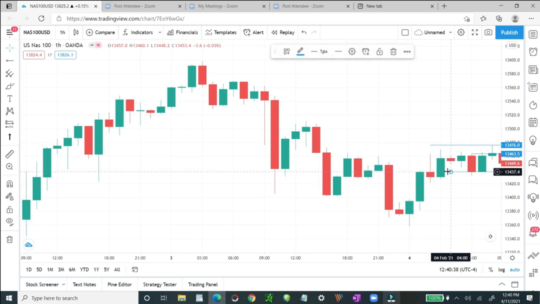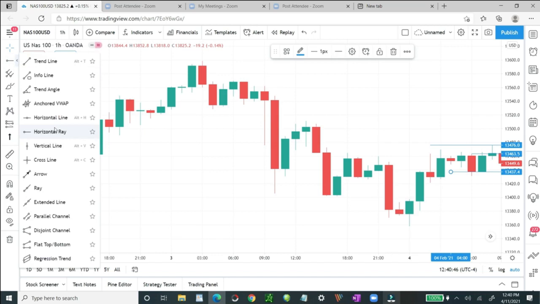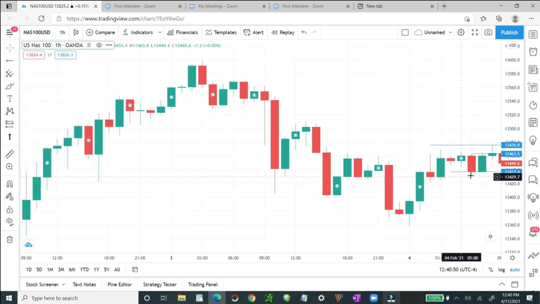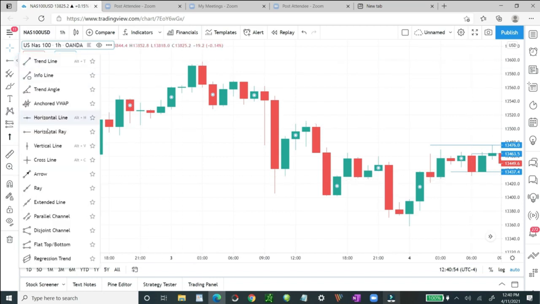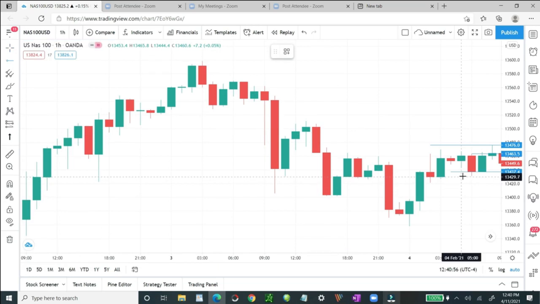Okay, we can say this is the next area right here, but to me, I'm looking at this, and I would say this level is very close to this level, so I don't really need to mark down this level for the most part. Especially if you put a level at the wick. Sometimes I don't put a line.